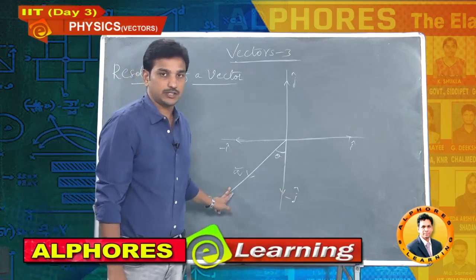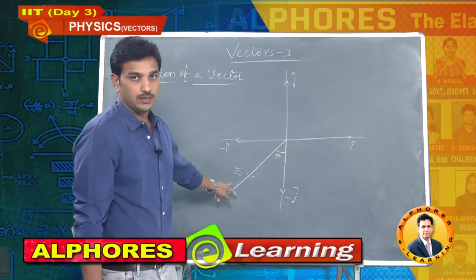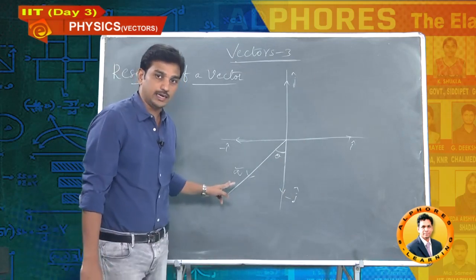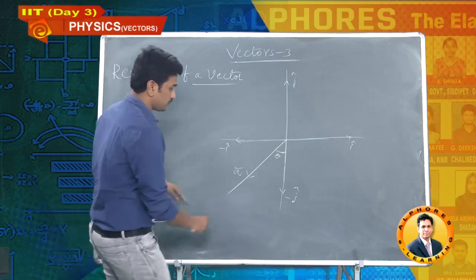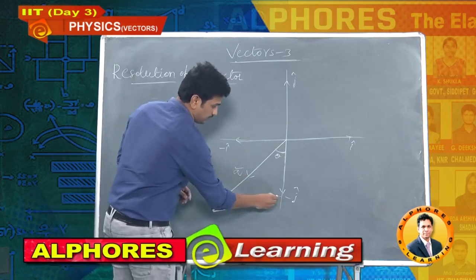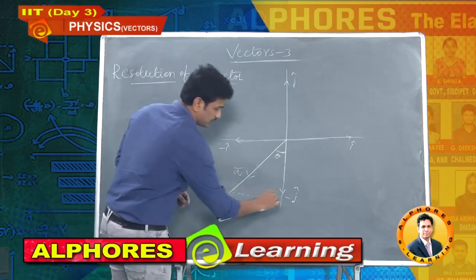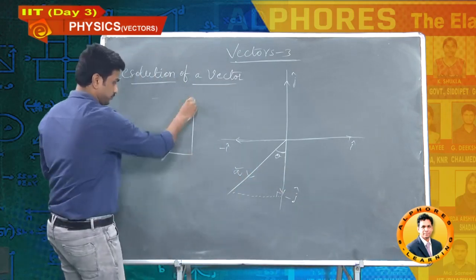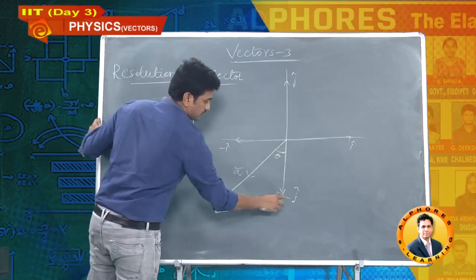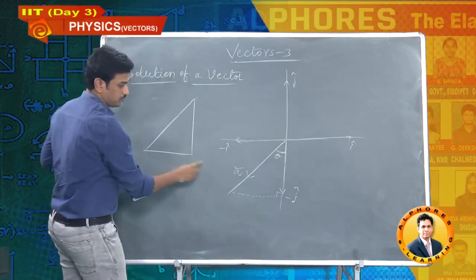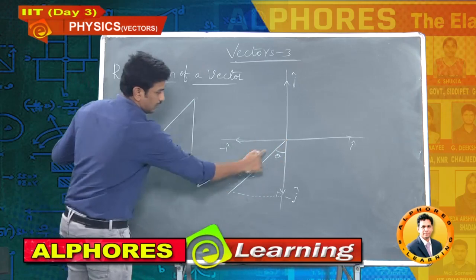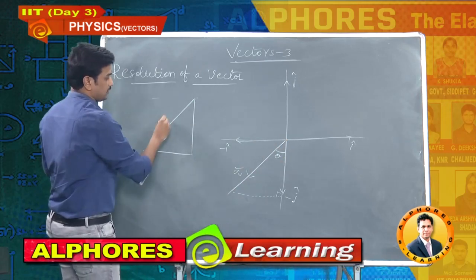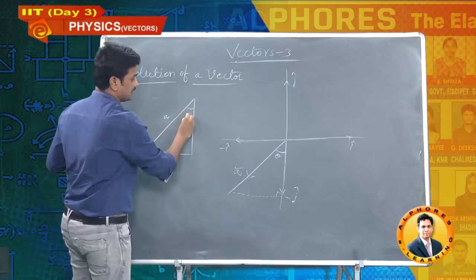This acceleration vector in 2D has two components. Now again, draw the dotted line to make a right angle triangle with the hypotenuse. This is A, this is theta.